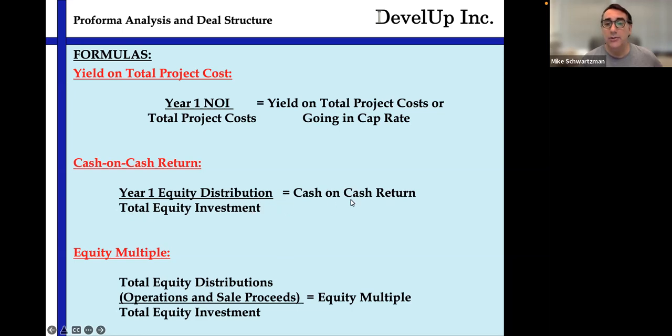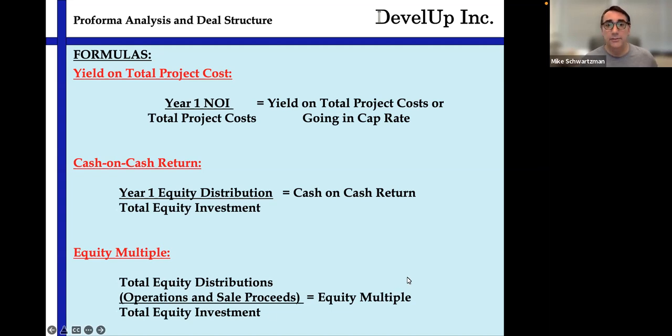In this case, that's going to be determined because the equity sponsor, the GP, was in for 15%. The limited partner was in for 85% of the equity. So we do the math for each one of those. And then we look at the total equity multiple, and that is your total distributions, which are those 5 years of operations plus the sale, divided by our total equity investment equals your equity multiple.